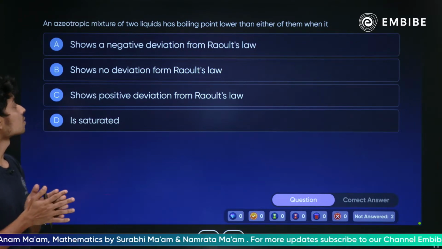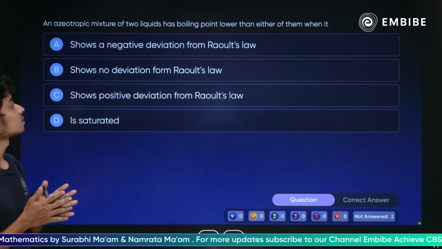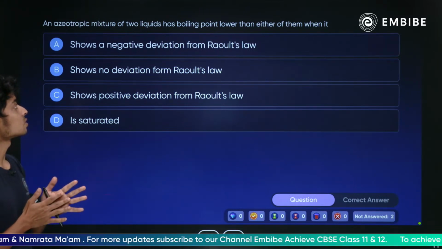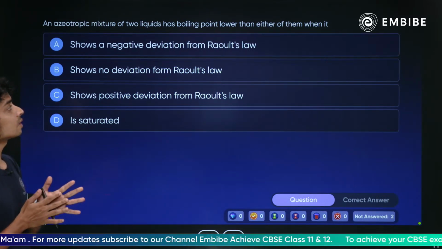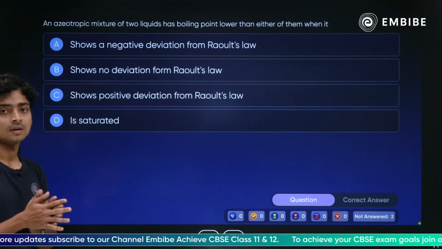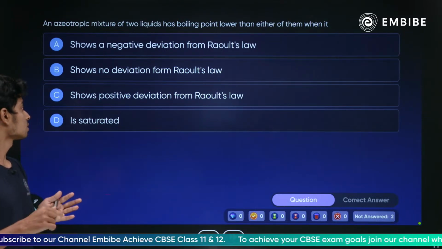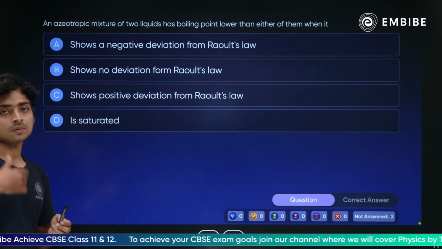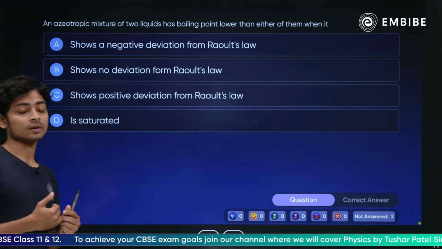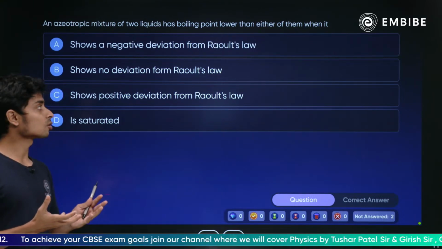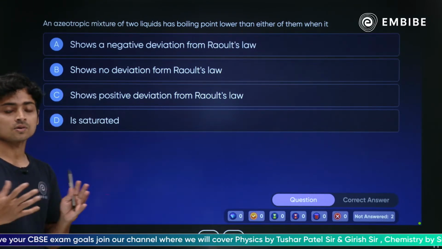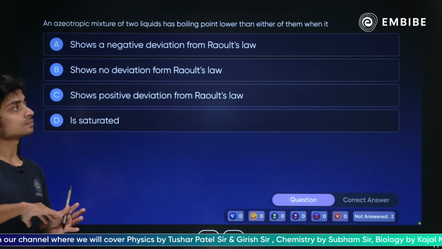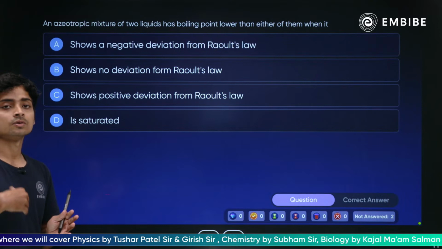B is shows no deviation. So your mixture's boiling point is lower than either of them. So it will show a positive deviation, because in positive deviation vapor pressure will be higher. A liquid boils at a particular temperature when its vapor pressure is equal to the atmospheric pressure.